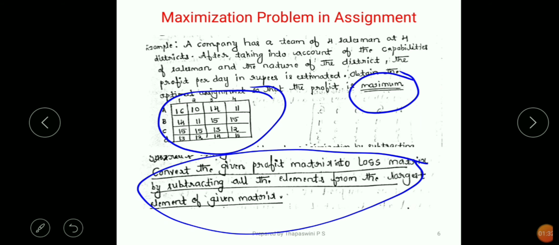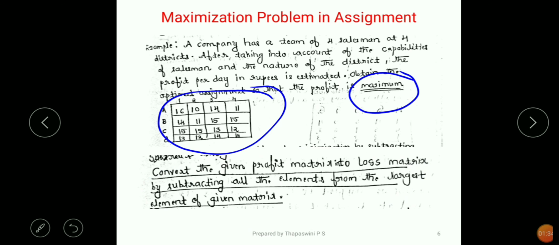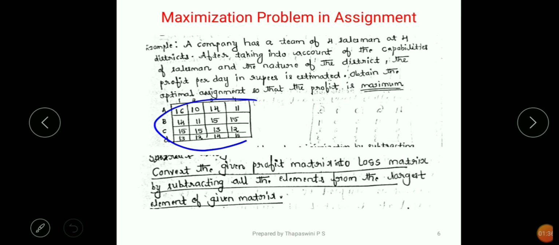If you consider this profit matrix, the largest element here is 16. Subtract all the elements of this profit matrix from the largest element 16 to make it a loss matrix, so that we can apply the Hungarian method to solve this assignment problem.